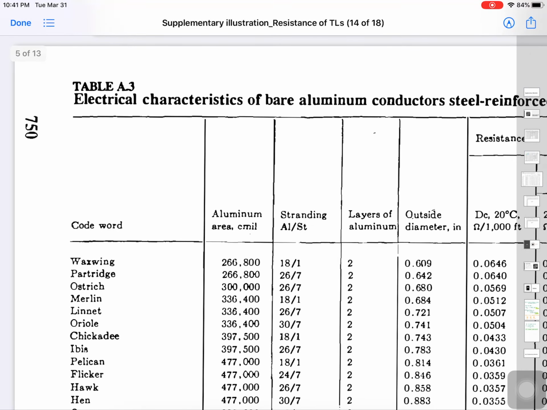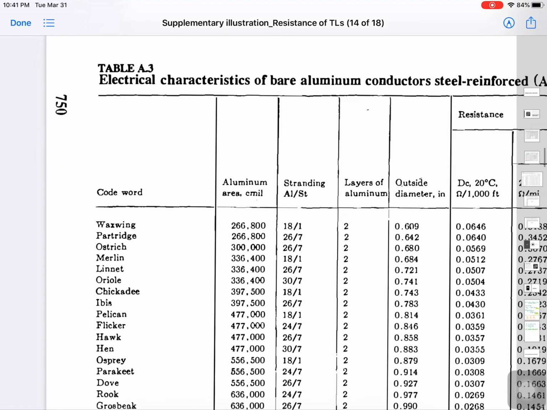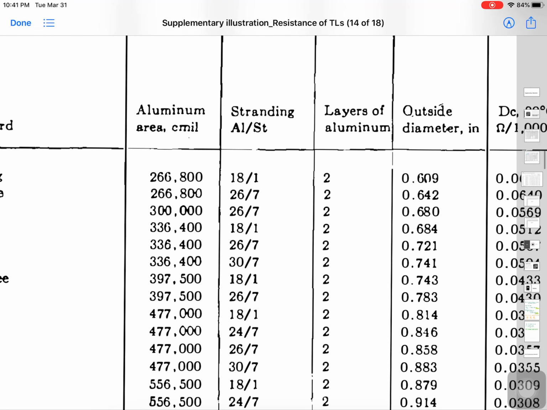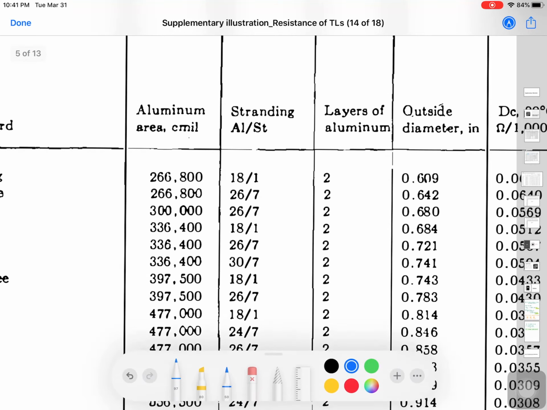Table 8.3 of the other reference is the same. It has its code word, then shows the aluminum area in circular mils. This one is simplified, no? Because you can already see how many strands of aluminum and steel. Like for this one, there are 18 strands of aluminum and 1 strand of steel.